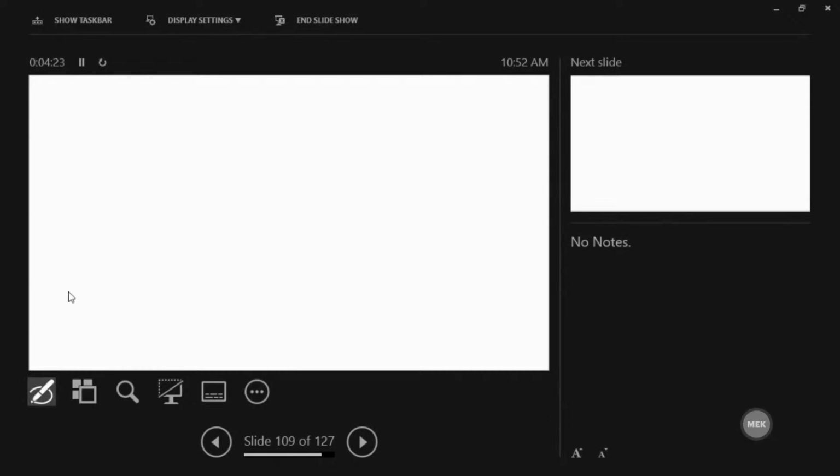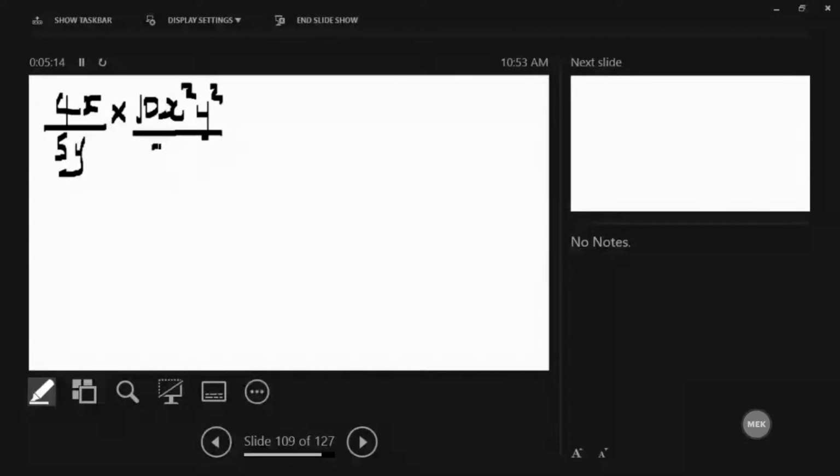All right, so let's say we have 4x over 5y times 10x squared y squared over 8x.